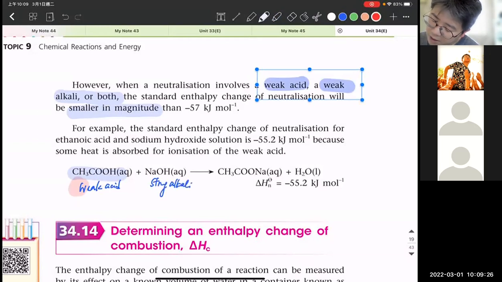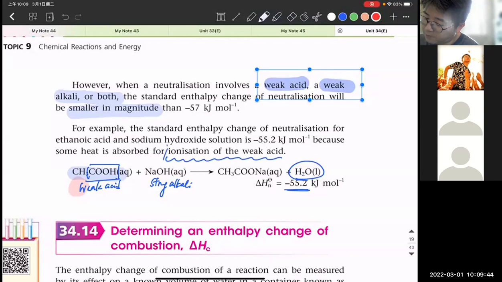Now, even though this one is a monobasic acid, to form 1 mole of water, the heat release will become less. Why? Some energy is needed, right? To do what? Ionization. Yeah, good. Ionization.